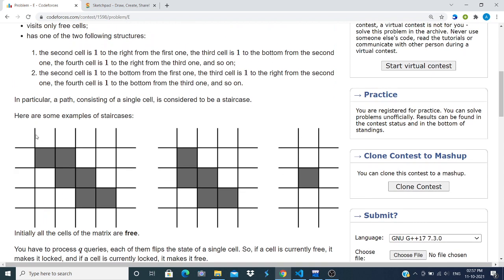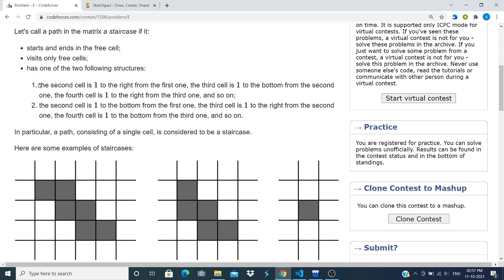So basically it means that it can follow this structure. This is the first cell and this is the second cell, which is one to the right from the first one. Then the third is one to the bottom, the fourth one is to the right of this third cell, and it follows this pattern.